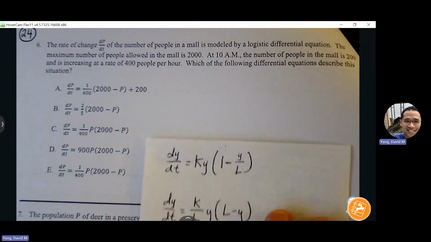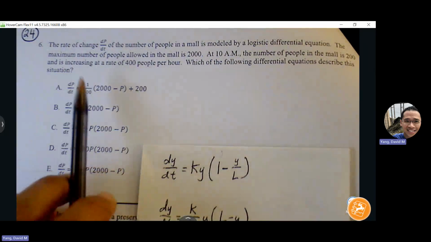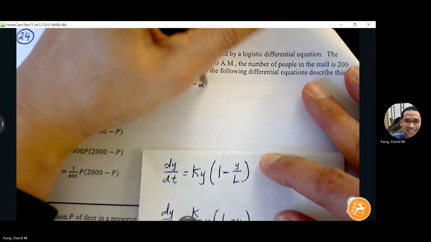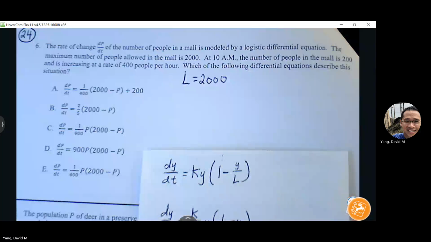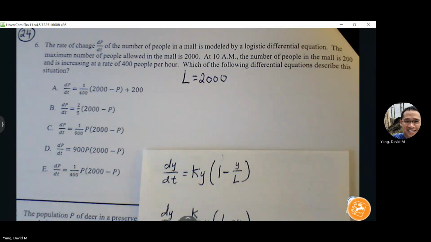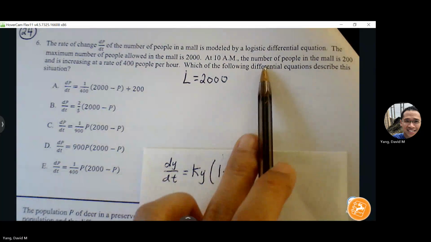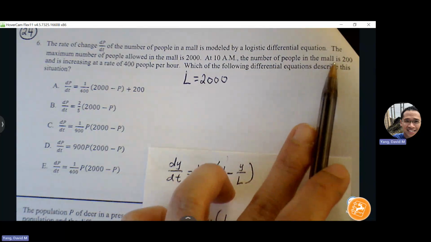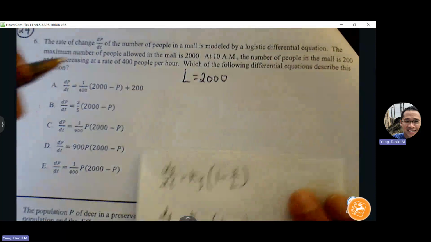All right, let's gather some information here. What can we assign the 2,000 to be? L. Okay. So at 10 a.m., the number of people in the mall is 200. So that's what?